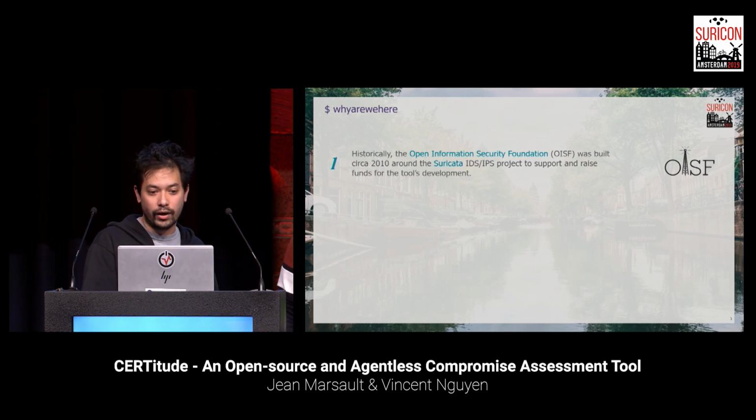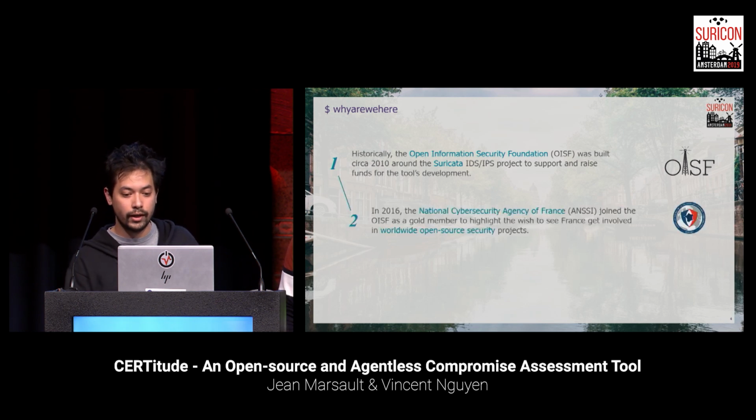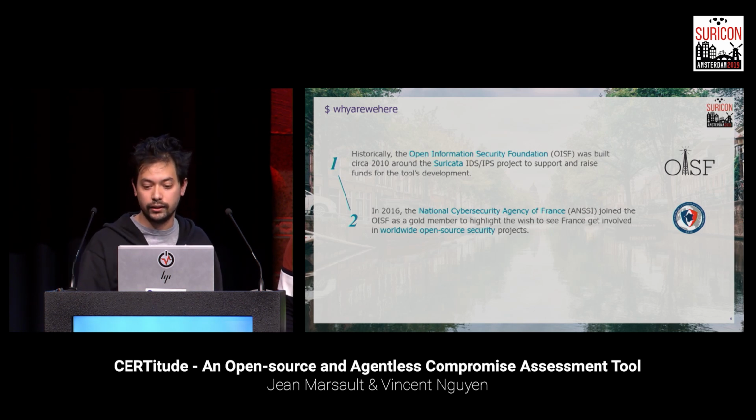So, why are we here? We are not here to talk about SuriCata, but about another tool. Let's go back some years. As you know, the OISF was built around SuriCata some years ago. Then, about 3 years ago, the French National Cybersecurity Agency, called ANSSI, joined the OISF to promote French contributions to open source InfoSec projects.